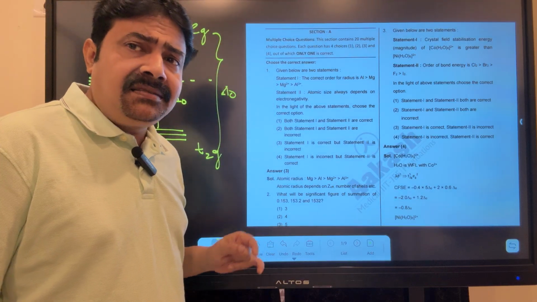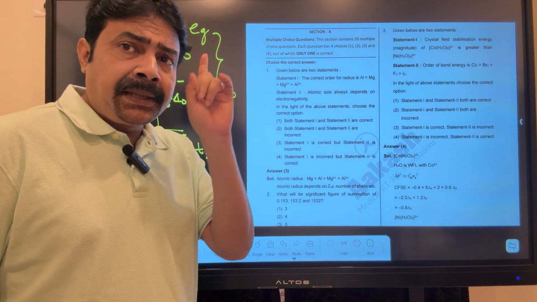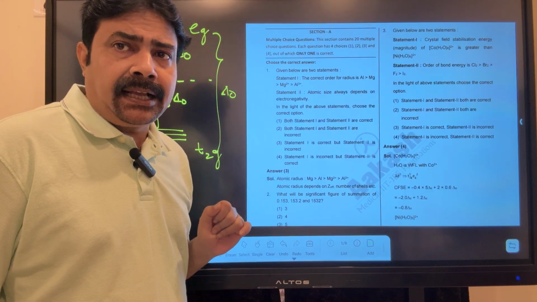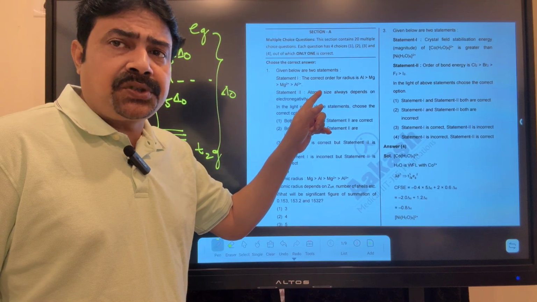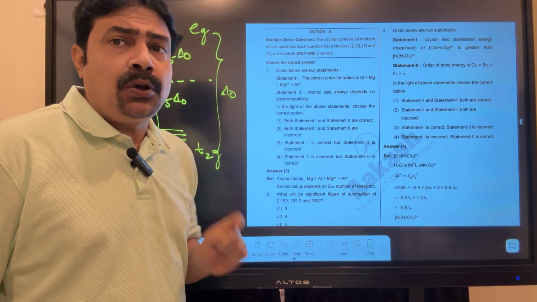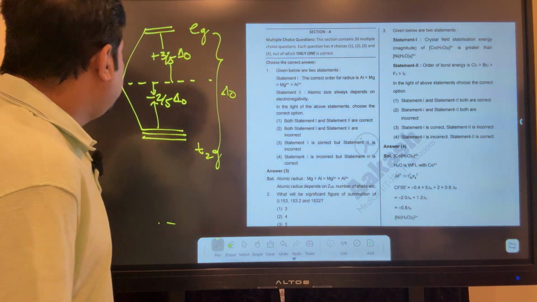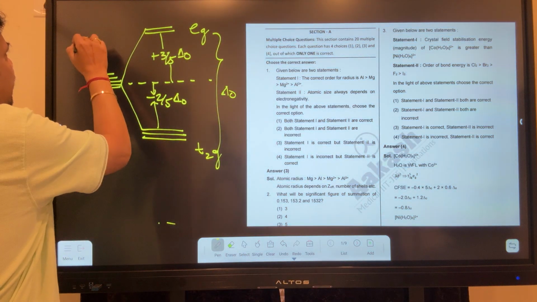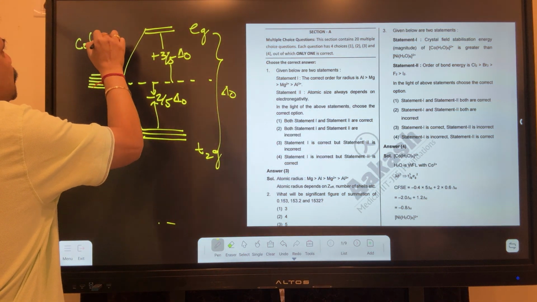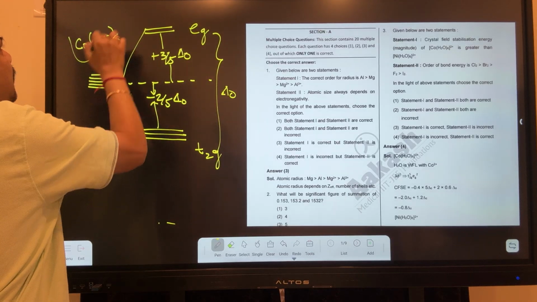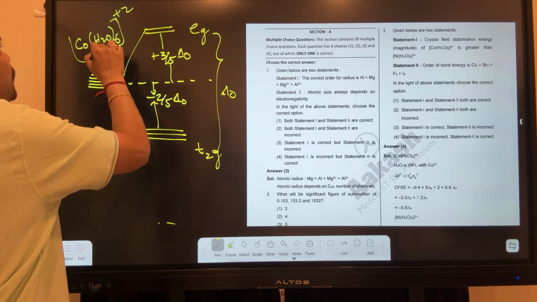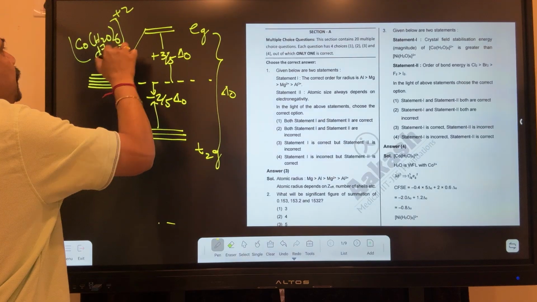If cobalt were in the +3 state, then H2O would act as a strong field ligand, but here cobalt is in the +2 state, so H2O is acting as a weak field ligand. So for [Co(H2O)6]2+, the situation is a d7 configuration with a weak field.